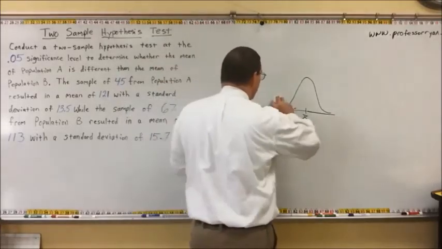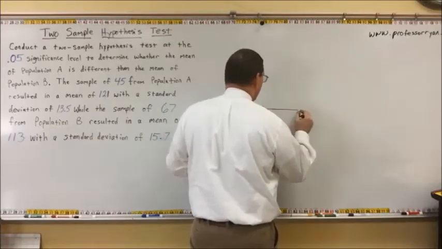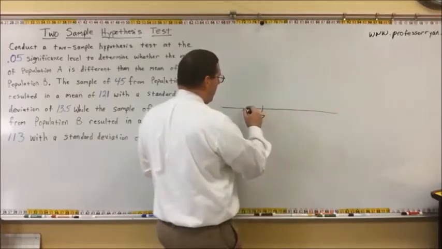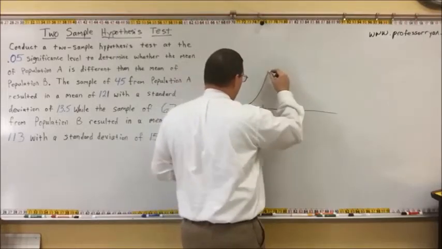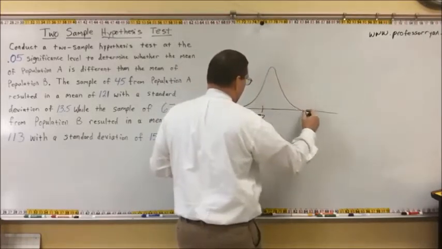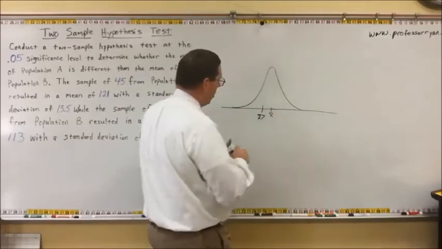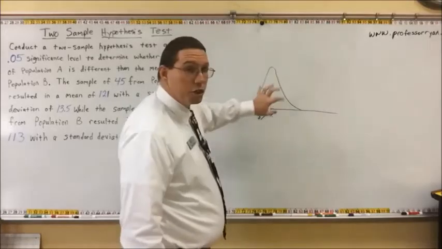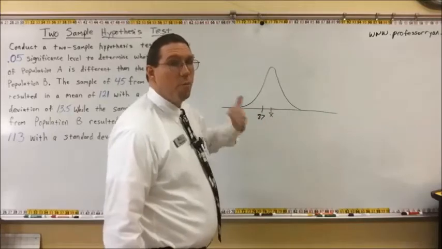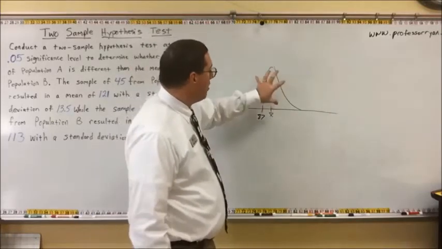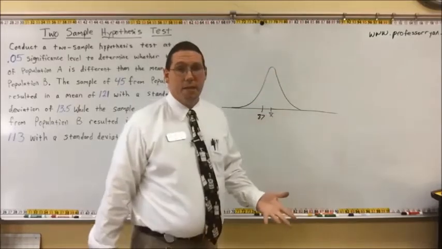But let's say you took a sample and its distribution curve looked like this, where this is the sample mean x bar. You can see how this distribution curve is a lot closer to 87, so it's more plausible that the sample came from a population that has a mean of 87.